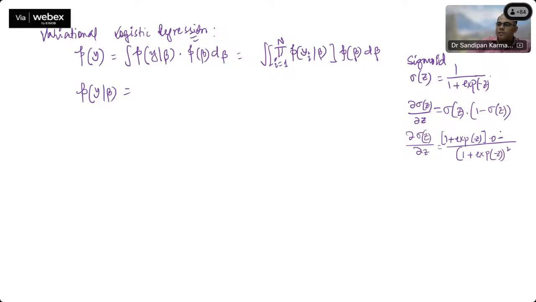And minus 1 plus exponential of minus z derivative, so that will be exponential of minus z, and the negative will come, so it will be plus. So this becomes exponential of minus z divided by 1 plus exponential of minus z, into 1 by 1 plus exponential of minus z.